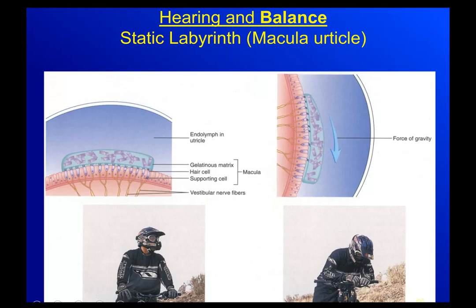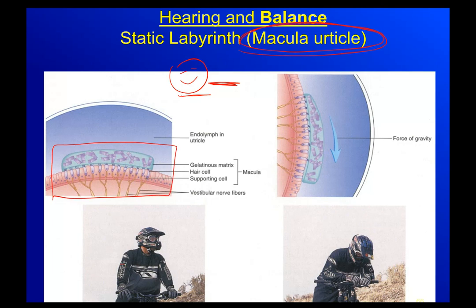So we've got the macula utricle. Remember, I said that with the macula utricle, it's parallel with the base of your skull, right? So if you're holding your head straight like this guy is here, notice that this isn't shifting in any particular direction. The hairs aren't getting pulled.